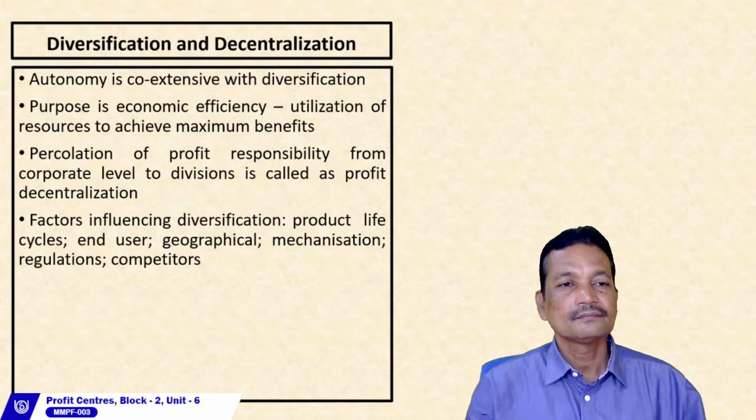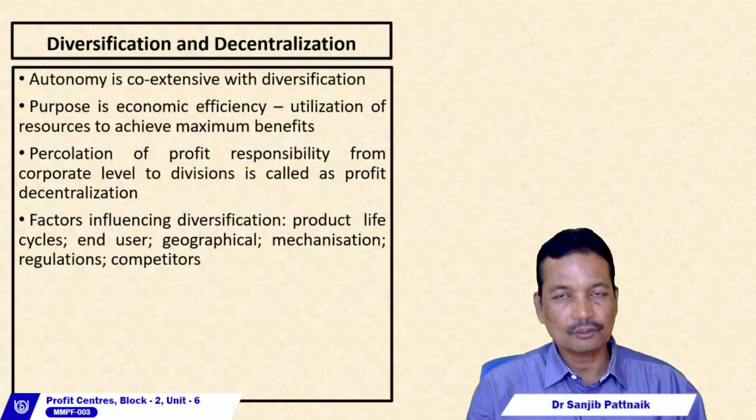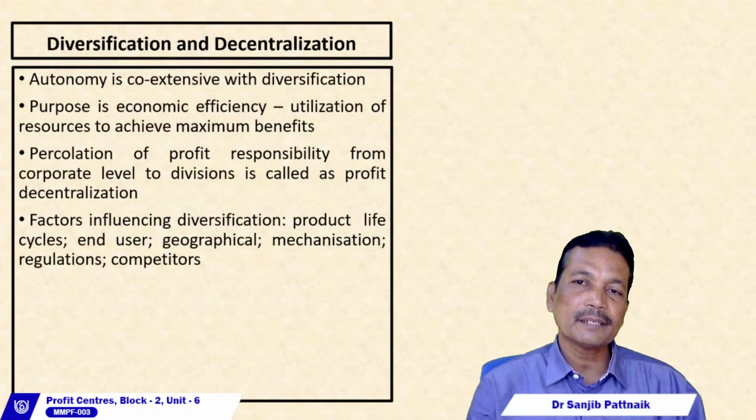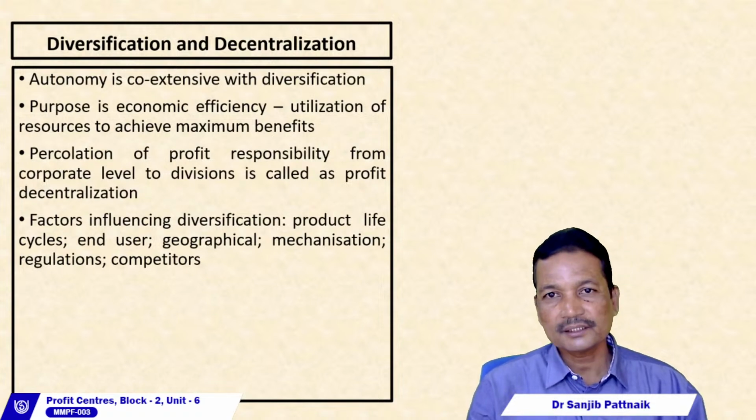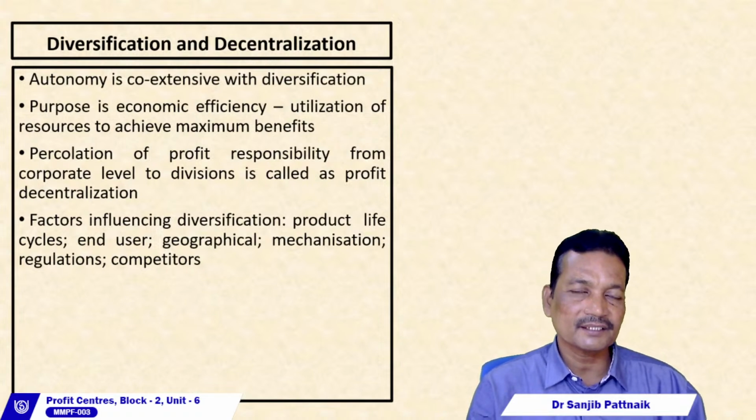Now, when we are talking of profit centers, we are talking about the autonomy given to the profit center manager, autonomy for choosing the inputs as well as where to sell the outputs, that means the markets.